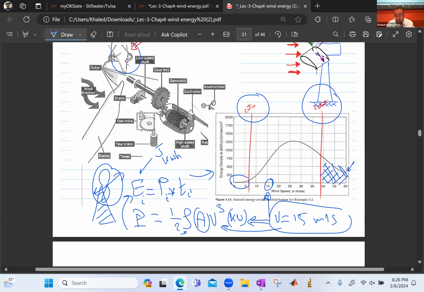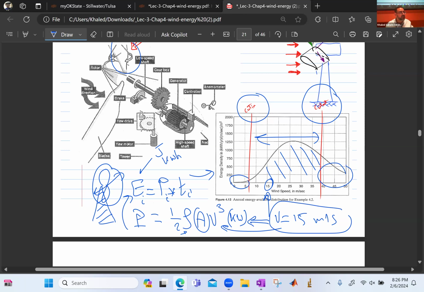If we want the turbine to harvest all that velocity up till here, you have to have better material and you have to have amazing design. For what? Why would you spend all those expenses just to harvest this part? Maybe that comes with a really very expensive price. So you tell yourself, this is good enough. Between cut-in and cut-out, I will be able to harvest all those kilowatt hours.